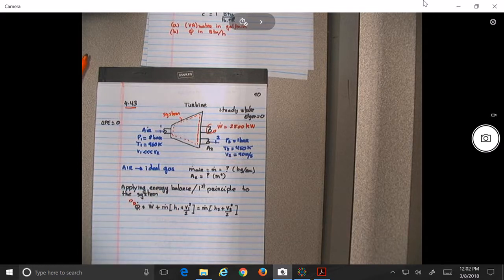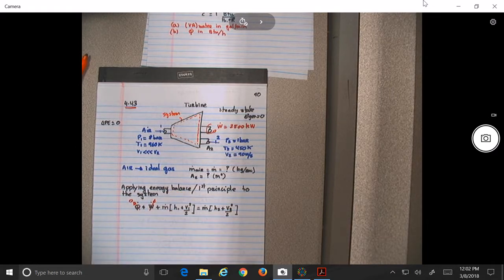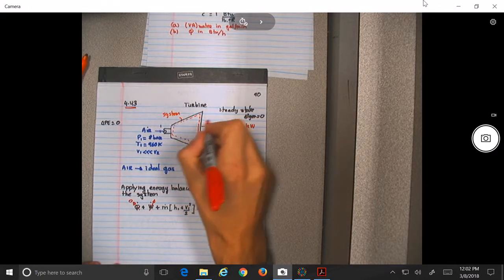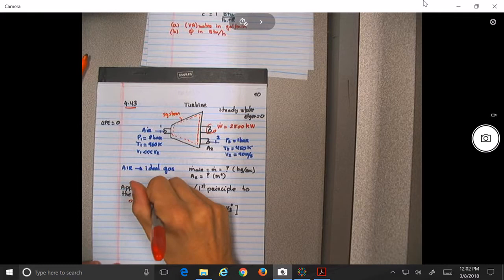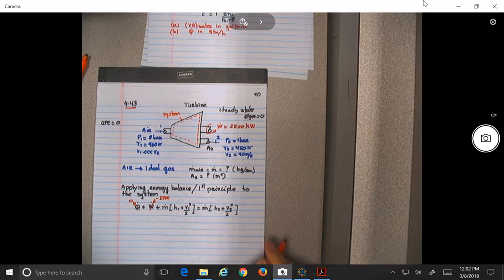No. Okay? Now, you need to be careful here with the values. What will be here the work? Is it coming in or coming out? It's coming out of the system, no? It's work done by the system. So really the value of this one should be what? Negative value, no? Yeah? Okay? So I'm going to keep it symbolic.